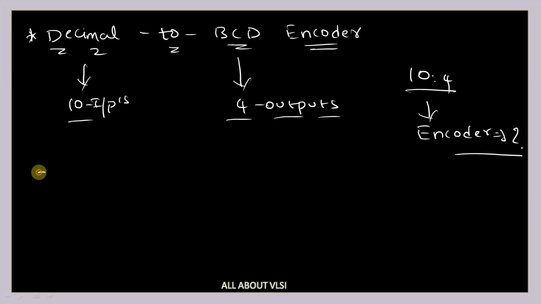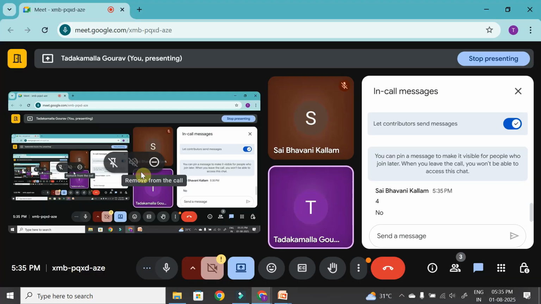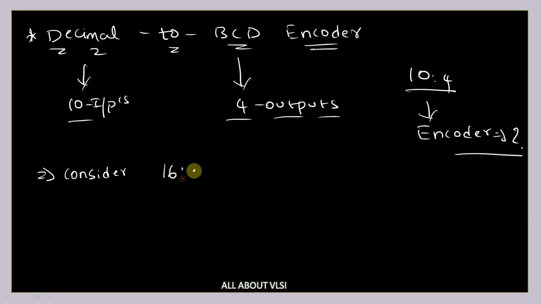So we are going to consider what encoder we can consider. We can consider 16 is to 4 encoder, and the 6 input lines will be disabled.